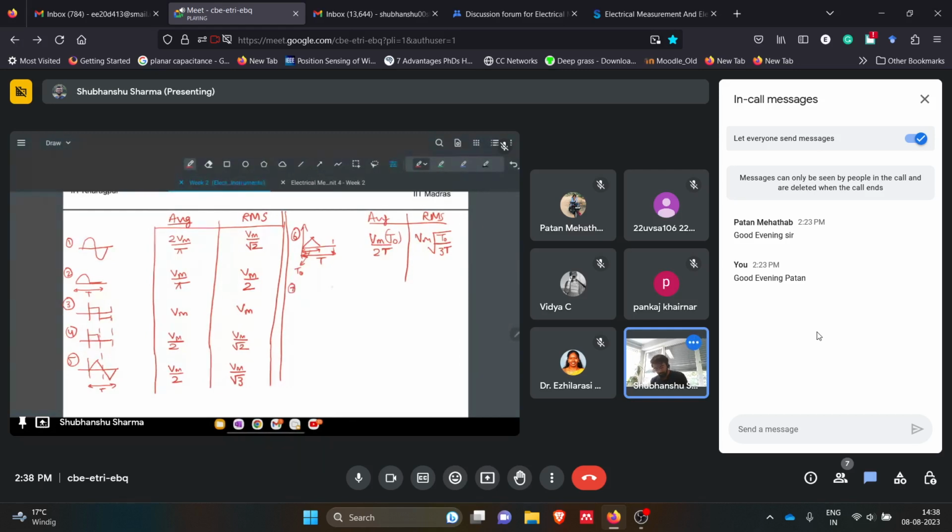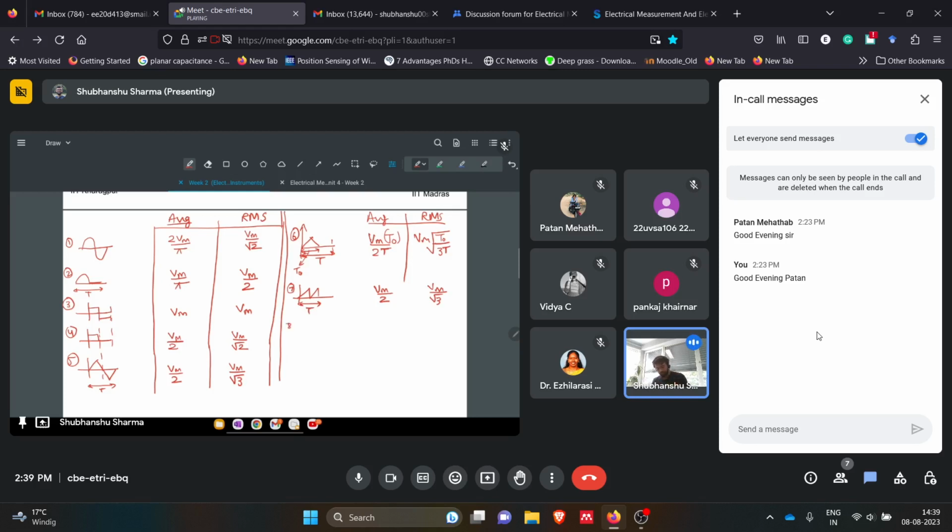Then for full sawtooth waves, we have Vm by 2 and Vm by root 3. So normally the triangular and the sawtooth waves both have the same average and RMS value, so you can remember it like this also.